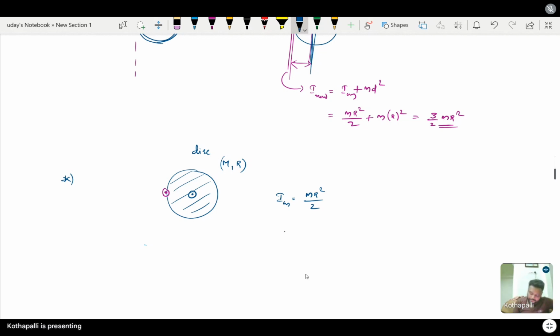So the edge axis will be mr square by 2 plus m r square. What will be the answer? 3 by 2 m r square. Right? Got it?